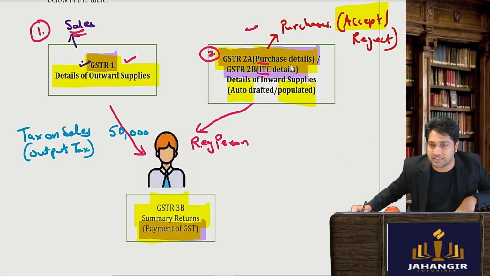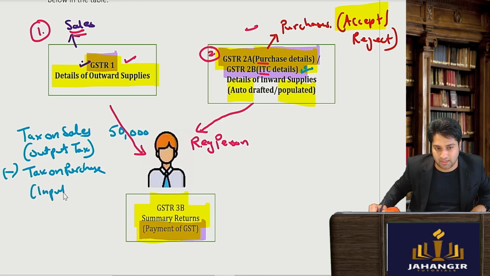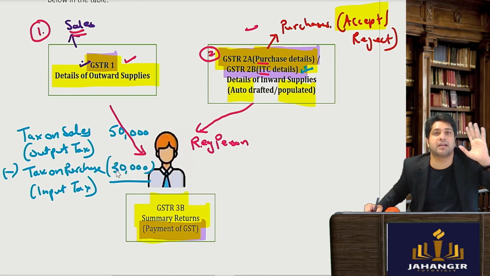I have made certain purchases also. So I will take a set off, I will subtract my tax on purchases called input tax. Let's say I have paid 30,000. So I'll tell the government on my purchases I've already paid 30,000.